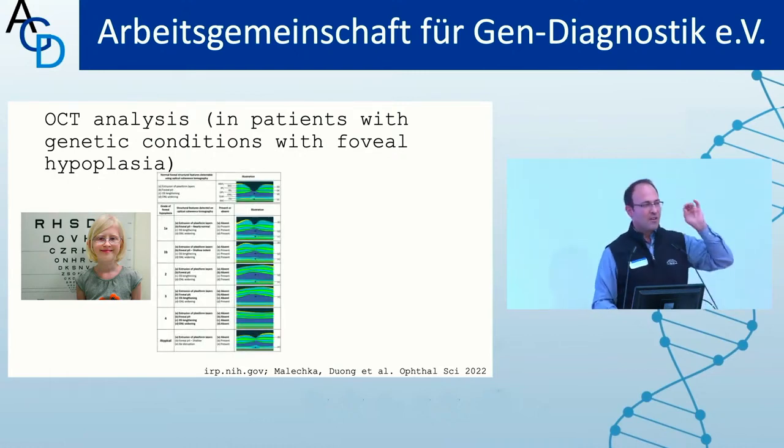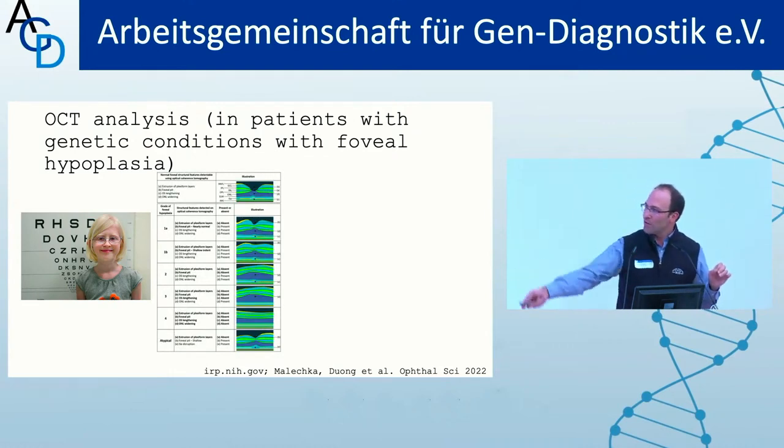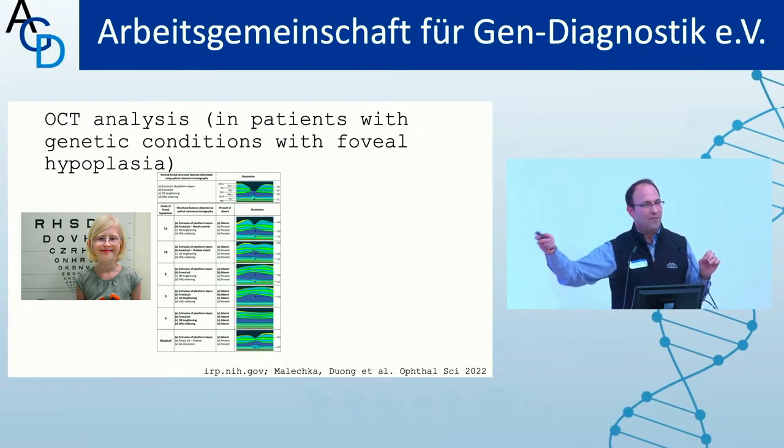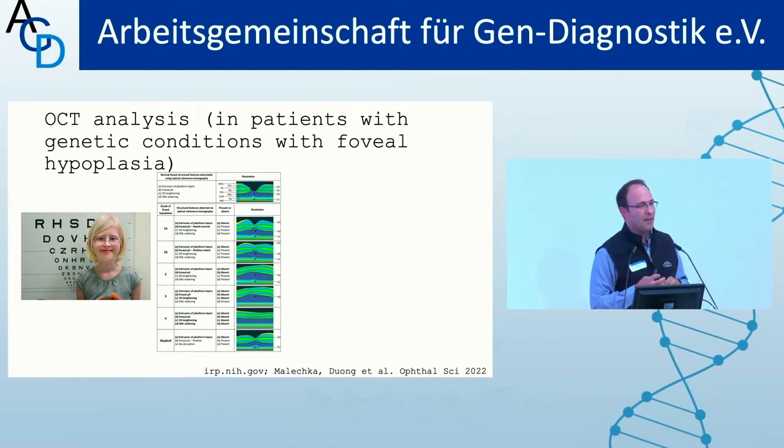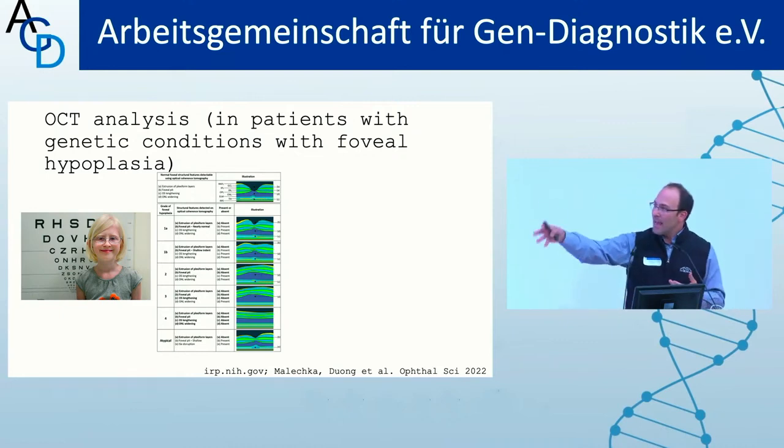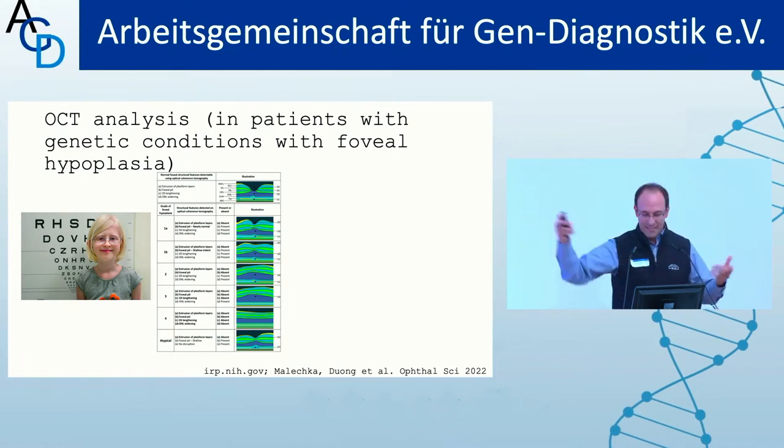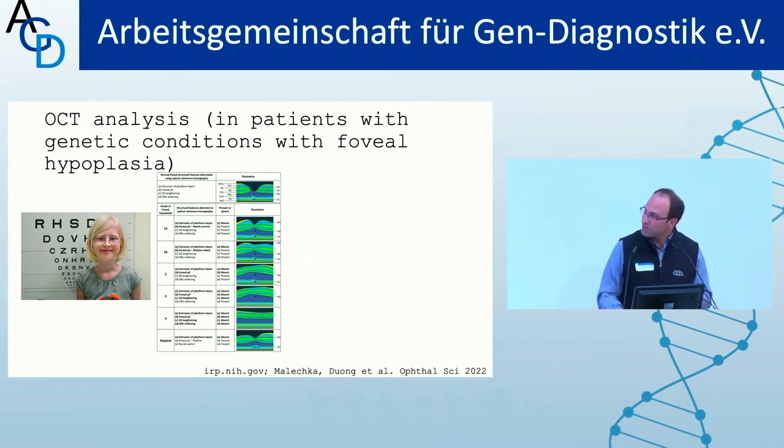Traditionally, what happens is you get an OCT scan, and an ophthalmologist grades what degree of foveal hypoplasia you have, and that would be important because mom or dad wants to know, hey, will she be able to ride a bike when she's older? Will she be able to drive a car? What's her vision going to be like? And so some of these types of scoring systems give you some of that information.